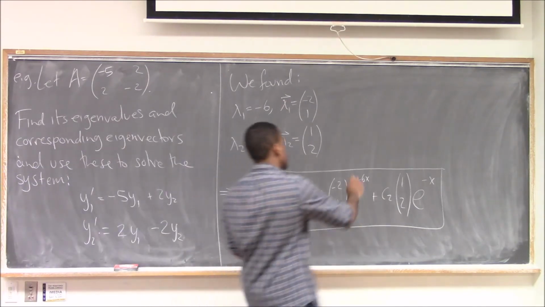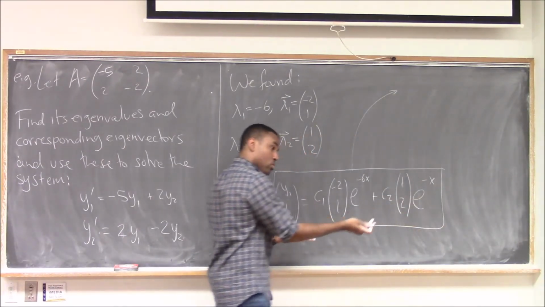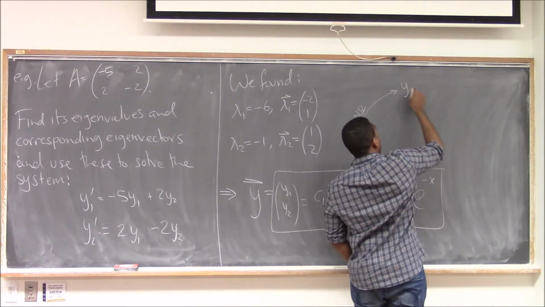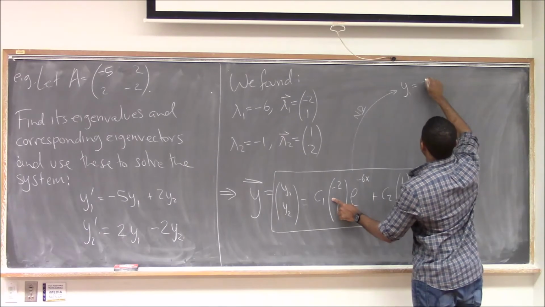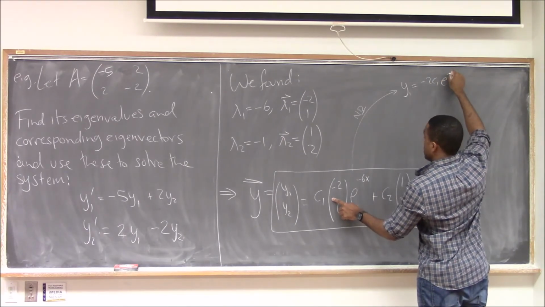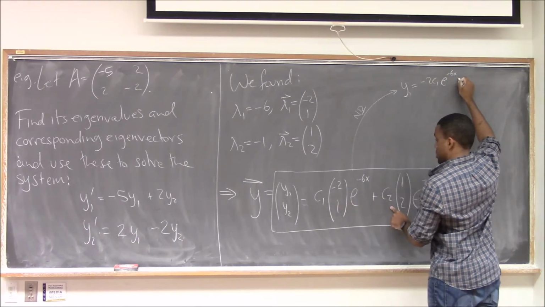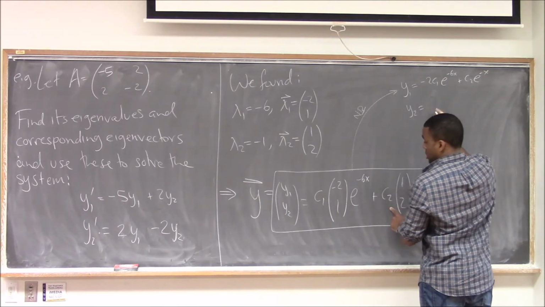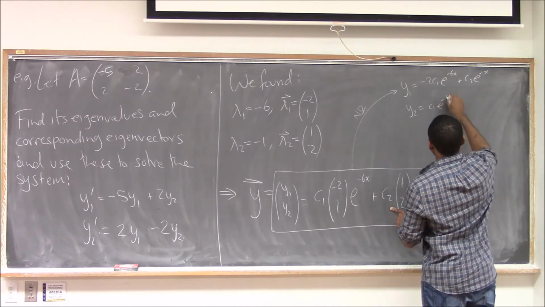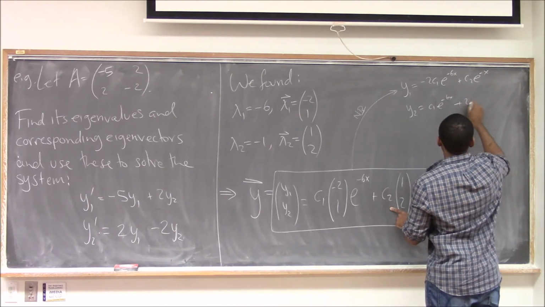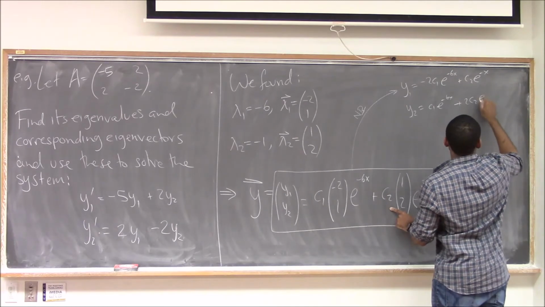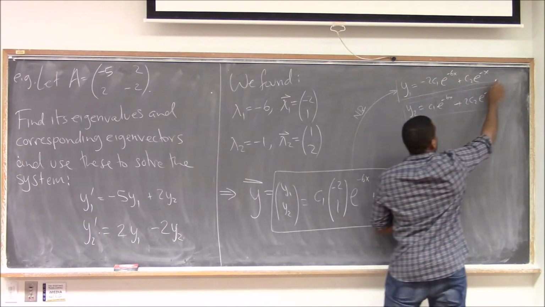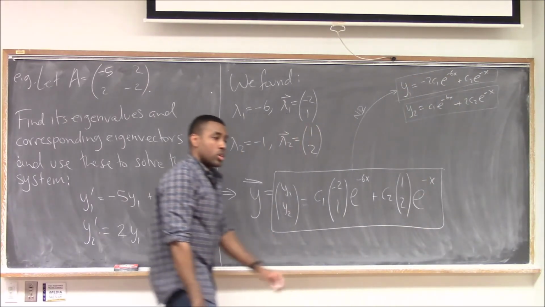Note what this means, by the way. You can write that and that will be your answer, but note what this is saying is that your y1 is going to be minus 2c1 e to the minus 6x plus c2 e to the minus x. Your y2 is going to be c1 e to the minus 6x plus 2c2 e to the minus x. So this pair of functions actually satisfies the differential equation, right?